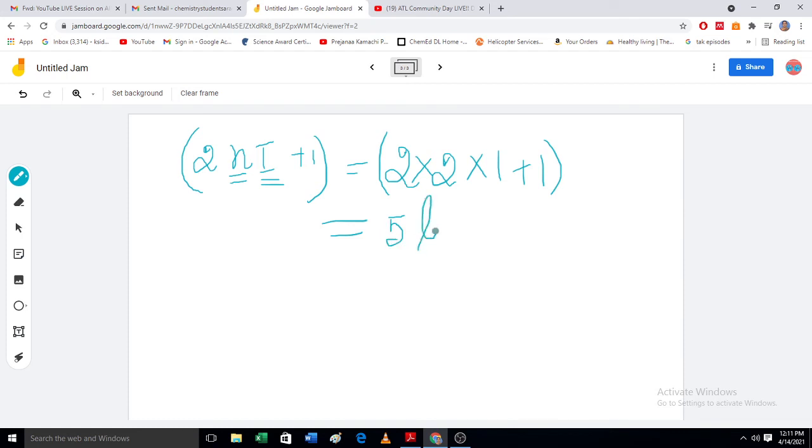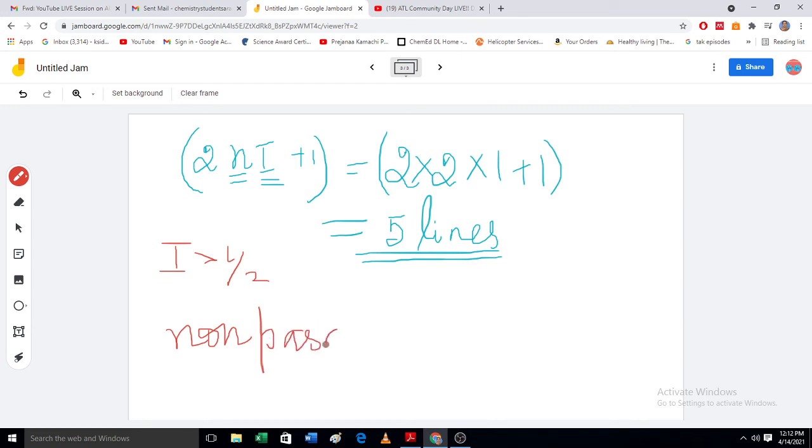For the 5 lines, you will be tempted to say the intensity ratio follows Pascal's triangle, 1:4:6:4:1. But here you have to be careful: since the I value is greater than half, the intensity will follow the non-Pascal triangle rule.